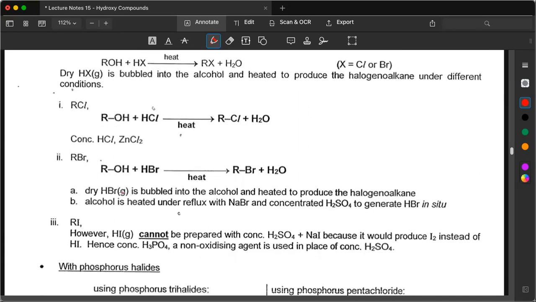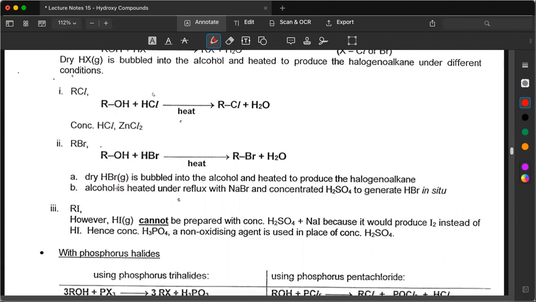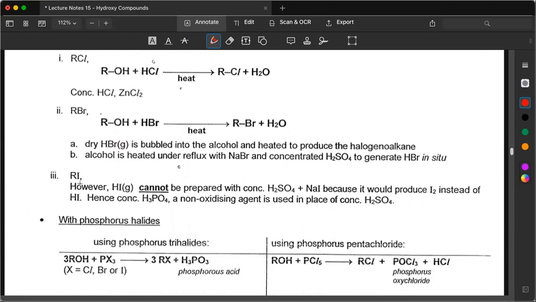And the dry HBr must be bubbled into the alcohol and heated to produce the halogenoalkane. The alcohol is heated under reflux with NaBr and concentrated sulfuric acid to generate HBr in situ. For RI, however, HI cannot be prepared with concentrated sulfuric acid because it will oxidize iodide to iodine. So we use concentrated H3PO4, which is non-oxidizing.